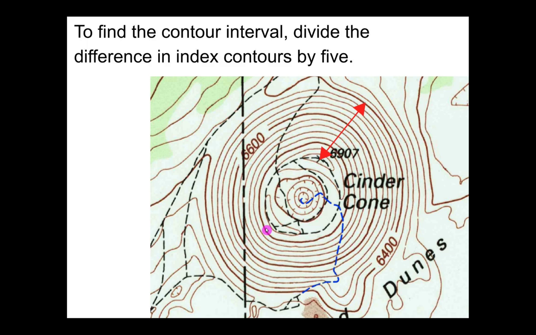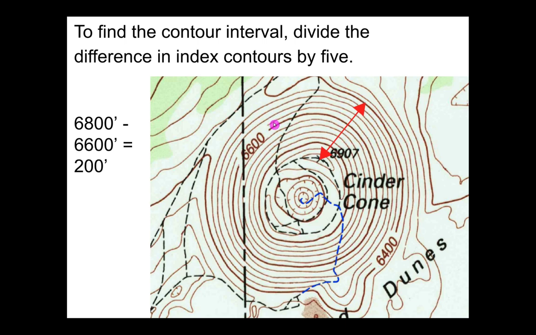To find the contour interval, if it's not given on the map, on every USGS topo map it's given to you, but if I just take a chunk out of it, if I take a selection, it might not have the contour interval. So you take the difference in index contours and you divide that by 5. So we've got a 6,800, we've got a 6,600.